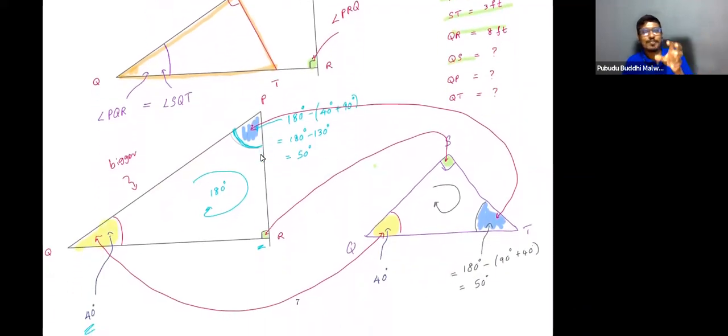Then what's the meaning of these angles? So these angles equal each other. What's the meaning of that? Which means actually this PQR triangle is a magnified version of SQT. You can create that PQR triangle from that SQT triangle by multiplying that triangle by a certain value. For example, we don't know that, it could be 3.